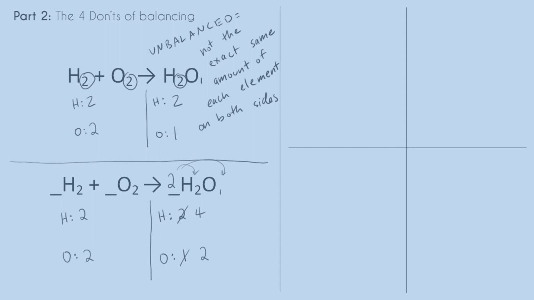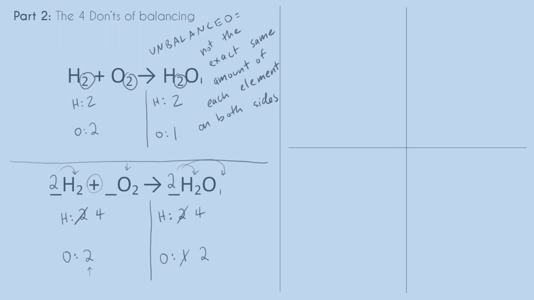So I go to my left-hand side and I say, okay, how can I balance that? What I have to do is add a 2 coefficient right here, because now 2 times 2, this hydrogen is 4. And because that coefficient was only talking about H2 and we had this plus sign right here, this O2 was unaffected by that coefficient. So this O2 remains as just the 2 right here.